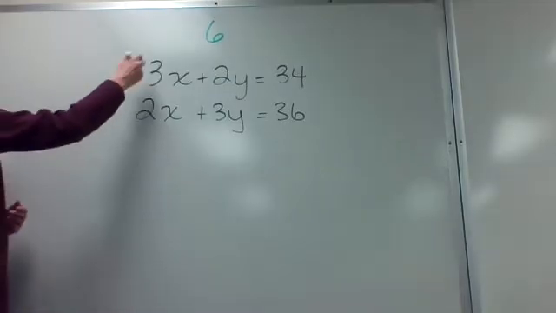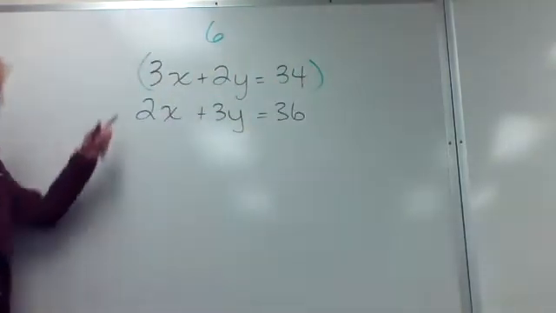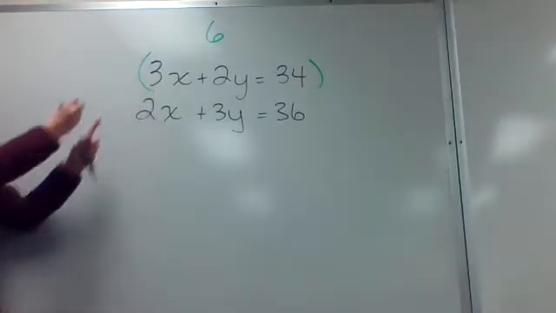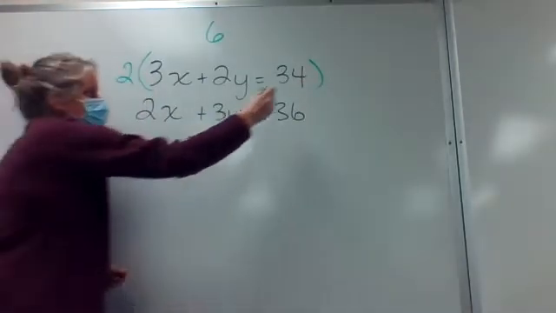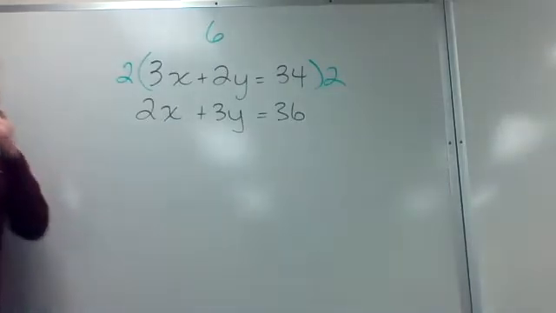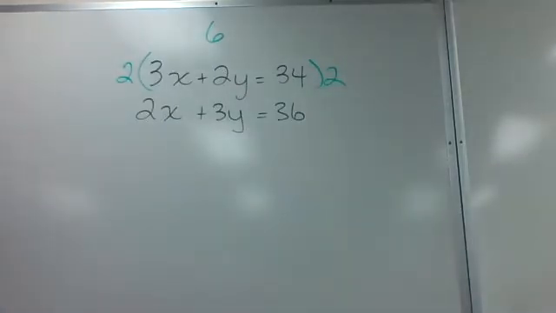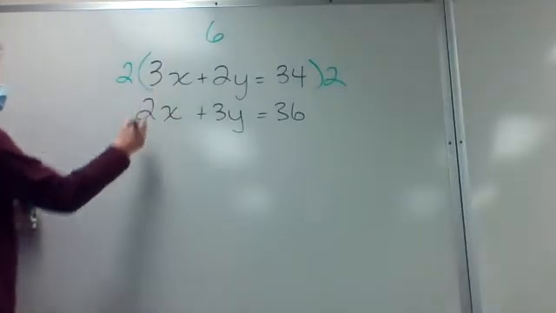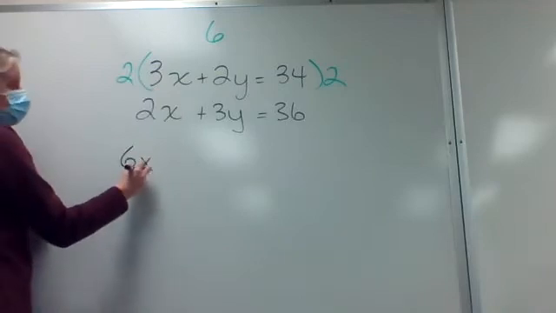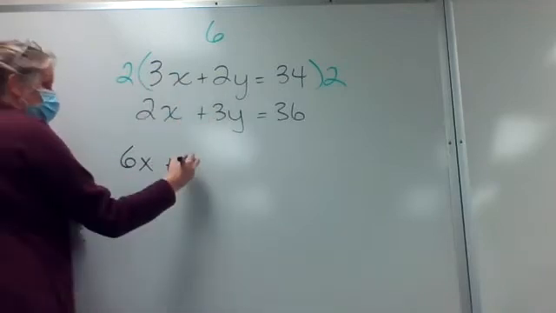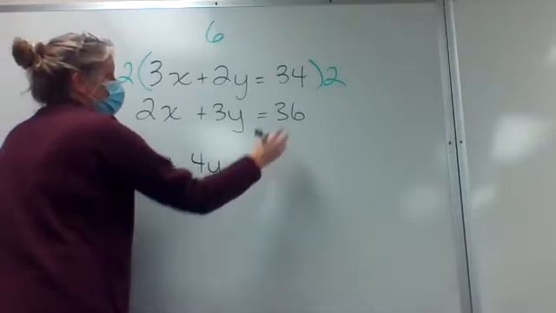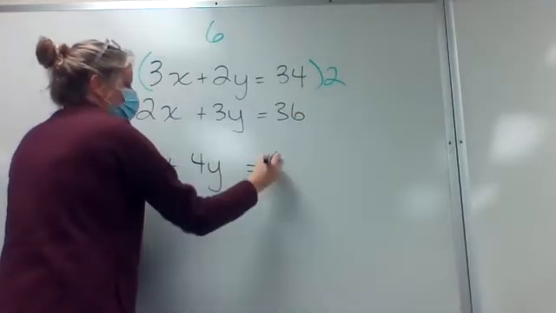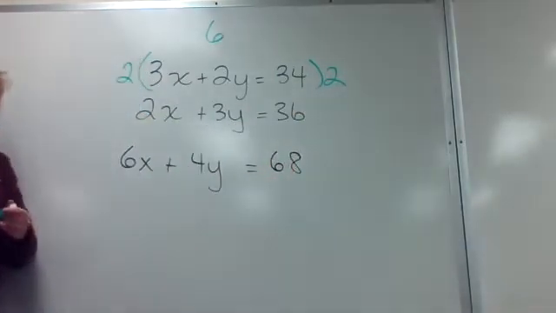If I make the top one positive 6, I'll multiply that whole equation times 2, which gives me 6x plus 4y equals 68.